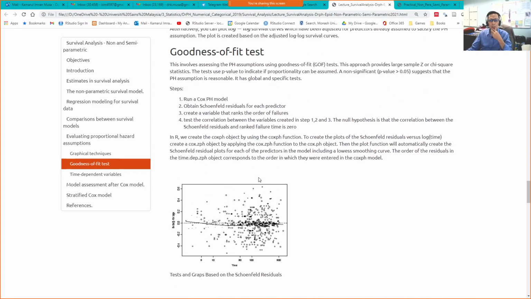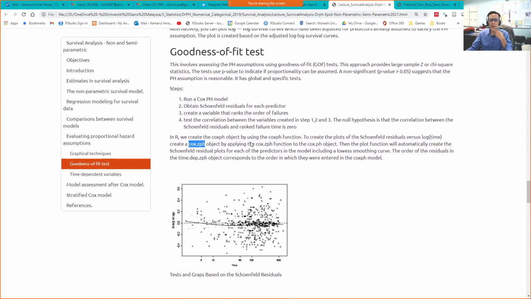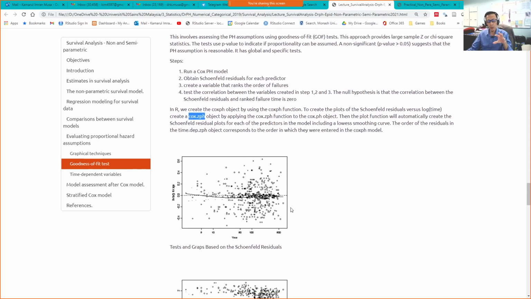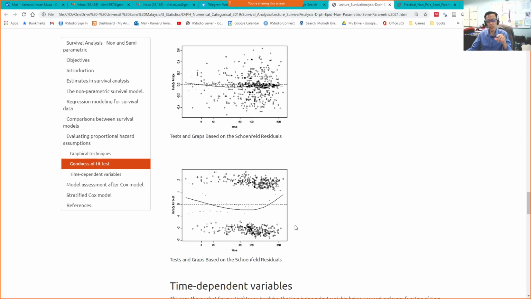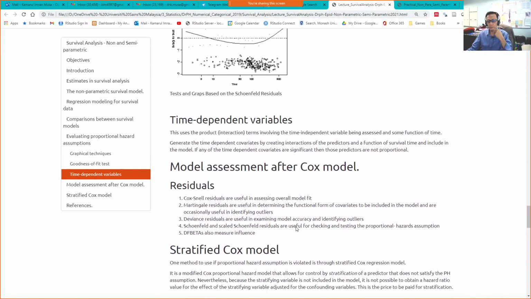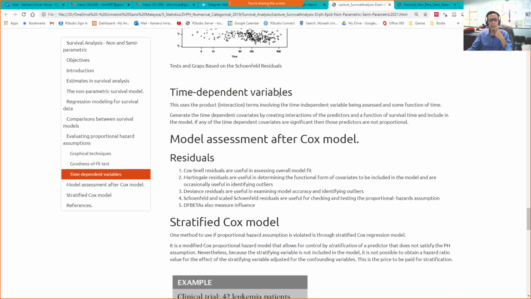You can use cox.zph functions in R, for example, to get the p-value of the goodness of fit test, and also to get the plot. We will not discuss here; we will look at how to do that during our practical. And time-dependent covariate is another way.